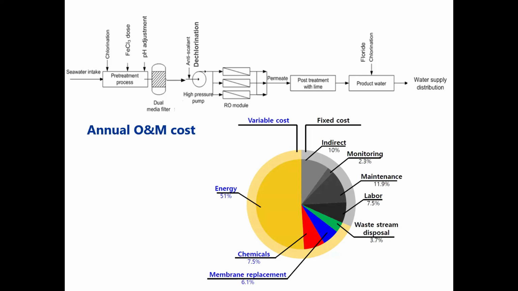As I mentioned, you pay $0.3 for 1 kilowatt hour. So when you produce 1 cubic meter of desalinated water, you need 4 kilowatt hours, which means you have to pay 1.2 dollars to drink 1 cubic meter of desalinated water, right? So energy is the highest cost, more than 50%.